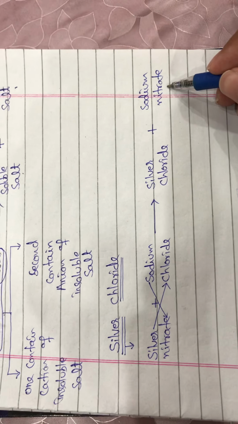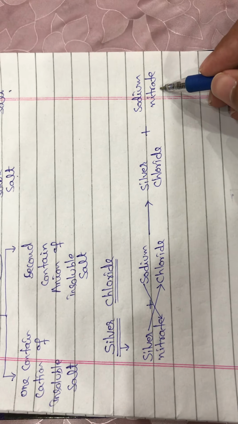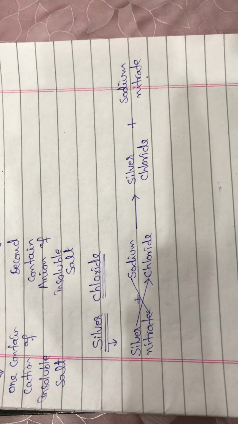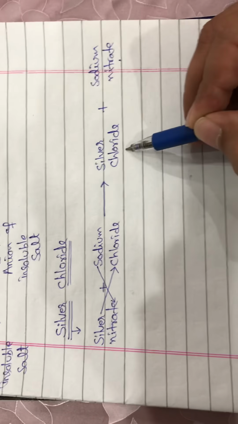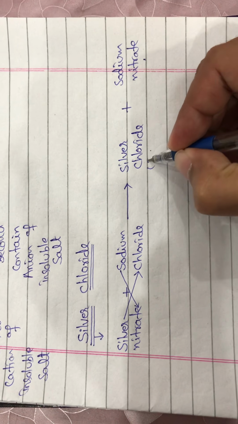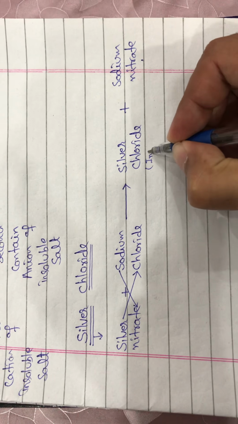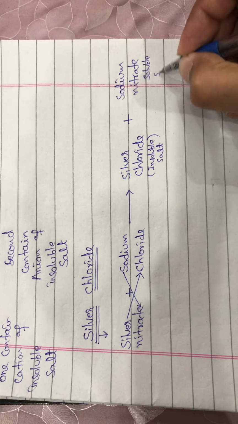It is clear that all nitrates are soluble, as you are already aware from the solubility rules, but silver chloride is an insoluble salt. So here we have found that an insoluble salt has been produced and the other is a soluble salt.